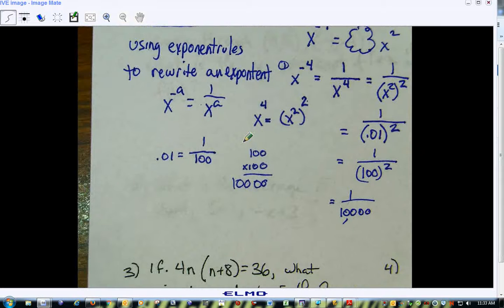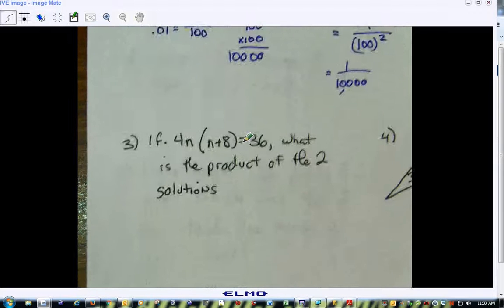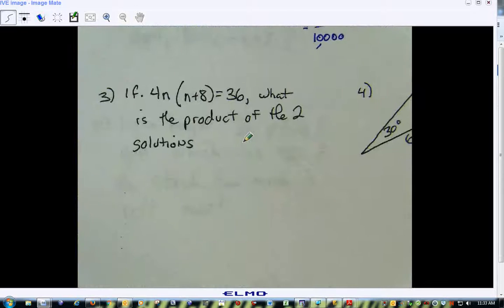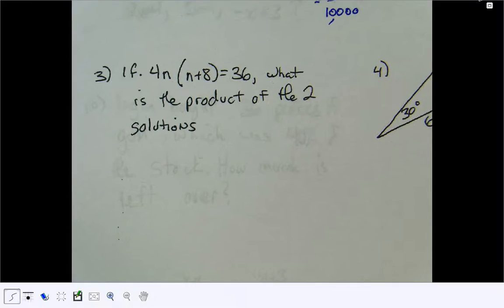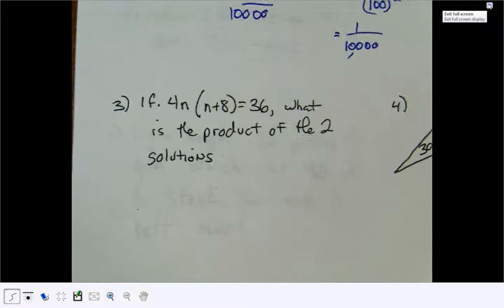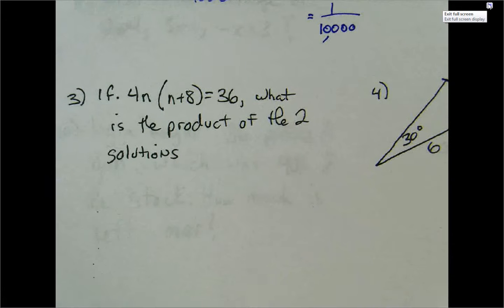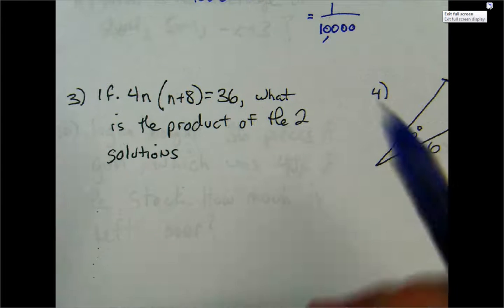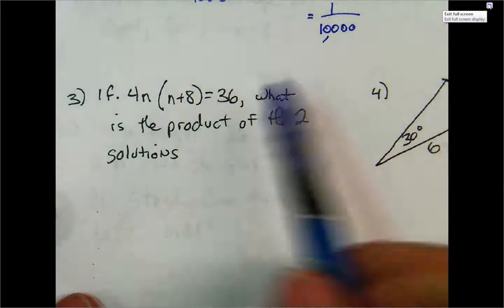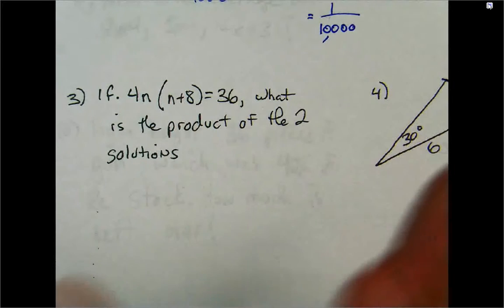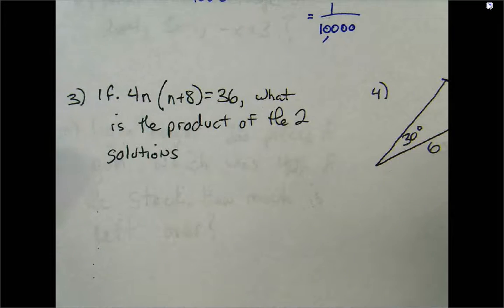Now, this third one, it says, what's the product of the two solutions? Now, you're going to find out there are a lot of problems like, for example, number 2, which is up here.